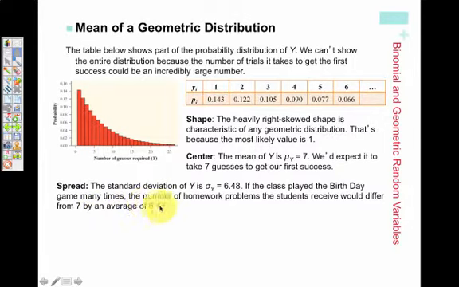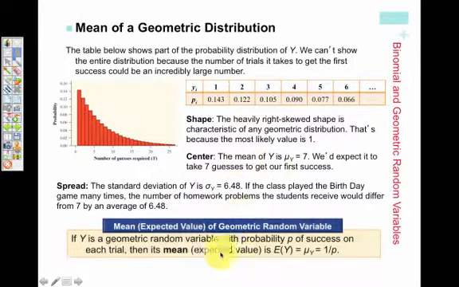So with 6.48, we're expecting that the number of homework problems the students receive would differ from 7 by an average of 6.48. So we could get 1 homework problem or up to 13 homework problems. That would be a reasonable expectation for that. On average, that's how much the data will vary. We're calculating the mean and the standard deviation the way that we did with binomial probability.